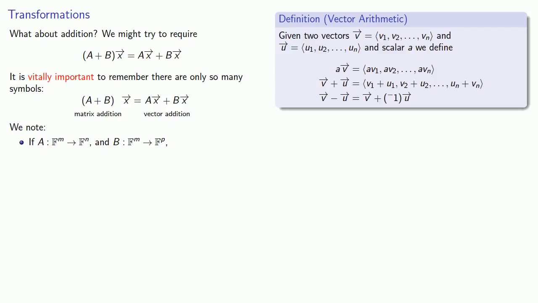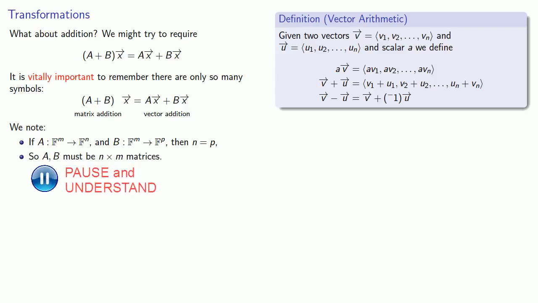Because we have to be able to add these 2 vectors afterwards, it's necessary that they have the same number of components. And so if B sends vectors in Fm to Fp, it's necessary that n and p be the same so that these vectors can be added. And that means that both A and B have to be n by m matrices.